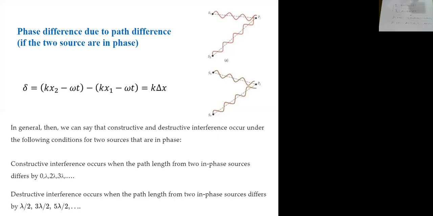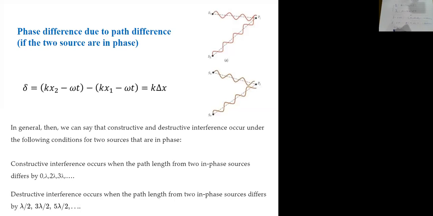Now that means, okay, kx, if they are equal to 0, 2 pi, 4 pi, etc., then it's constructive interference.